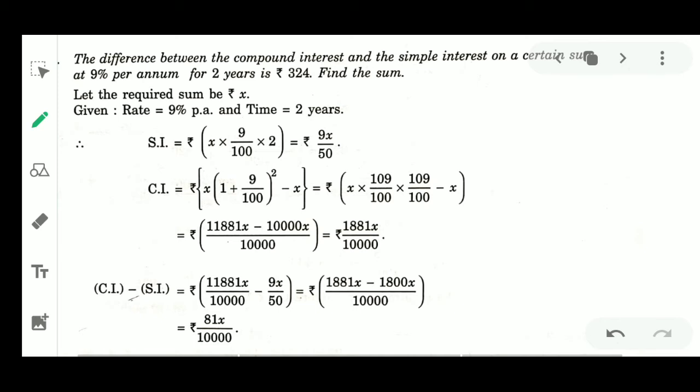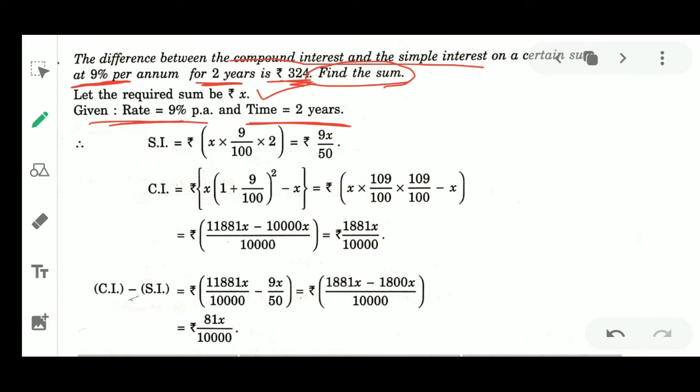Here the sum is not given, that is, principal is not given, but the difference between compound interest and simple interest is given, that is 324, and the rate percentage is also given, and time is also given. So first step is write down the given data. So rate equal to 9% per annum and time equal to 2 years, and here let the sum be x.